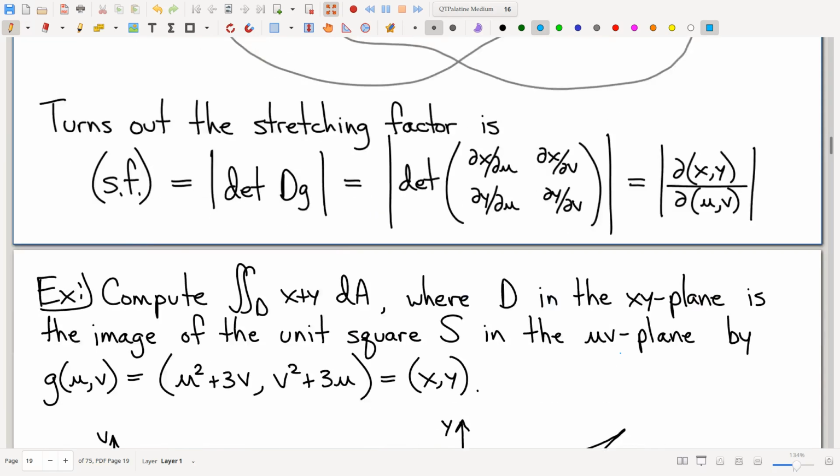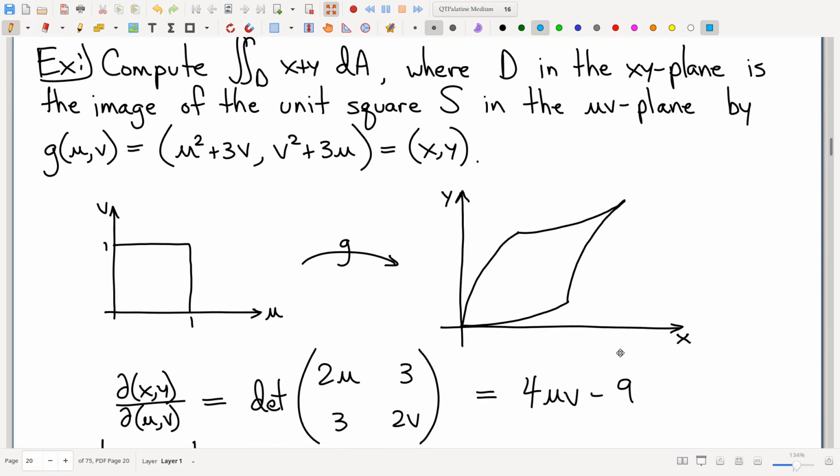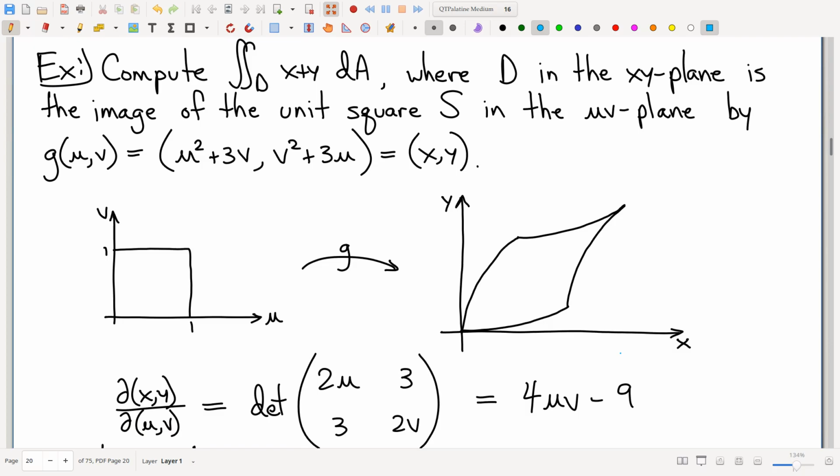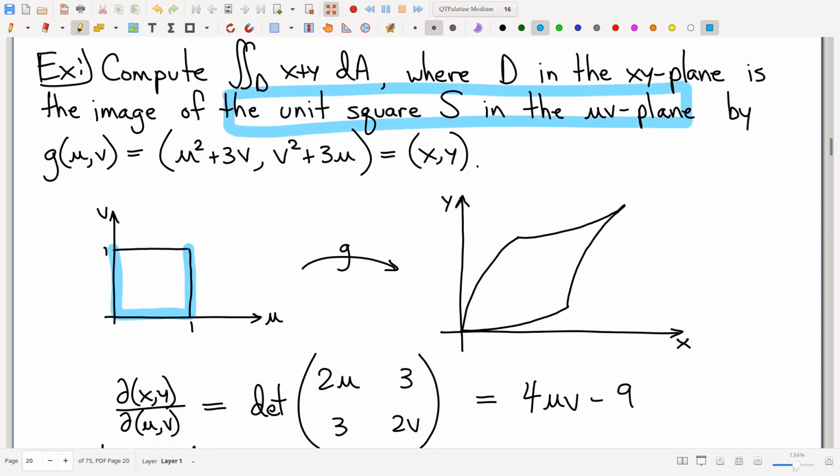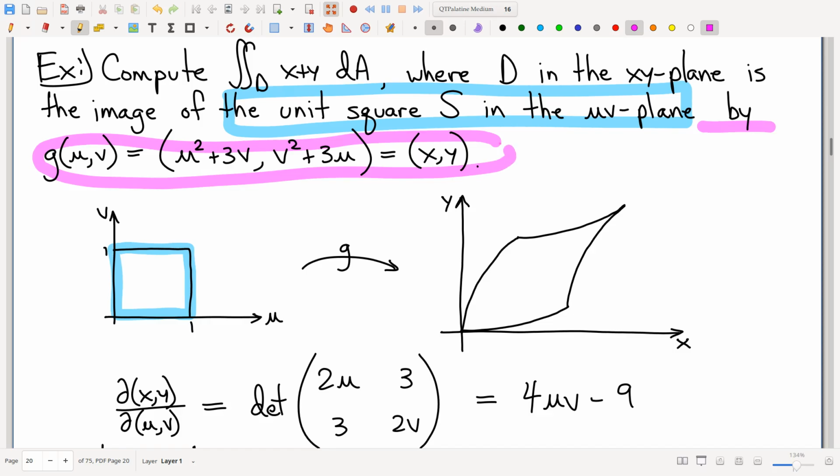Here we go. All righty. So we're going to start with the unit square in the xy plane given. We're going to apply this function.